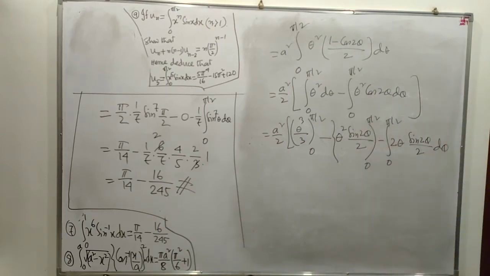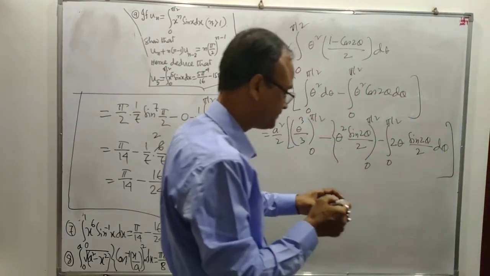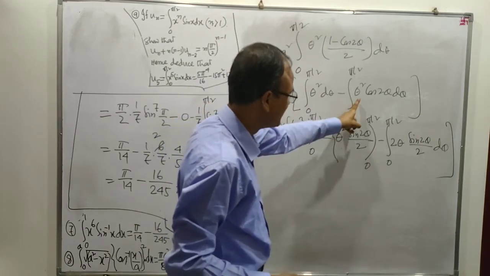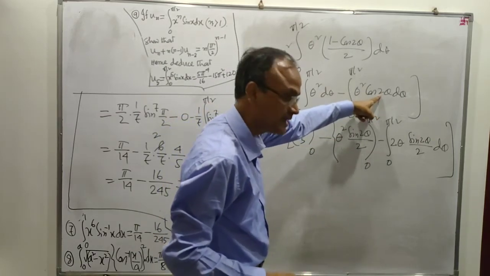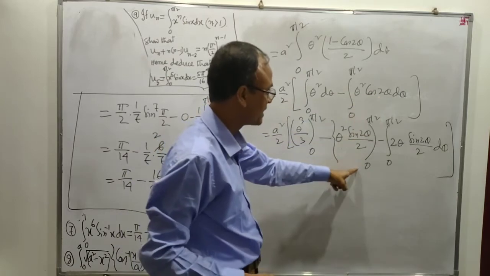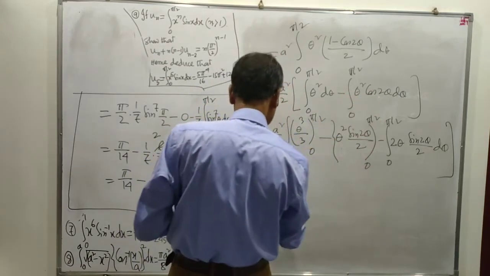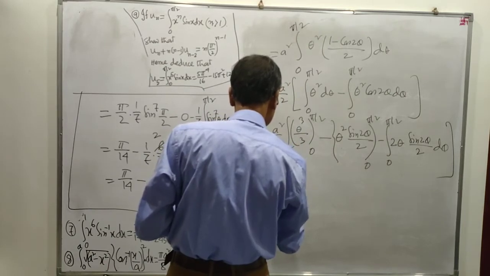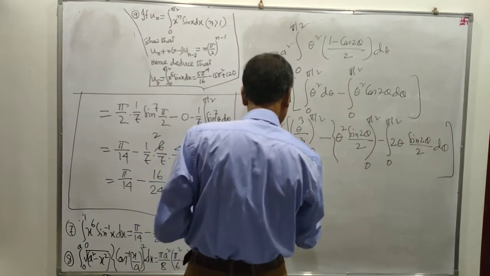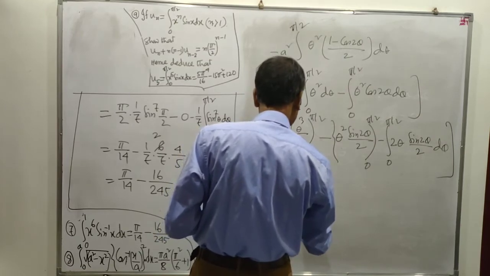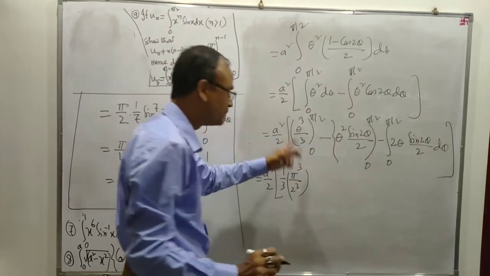You will get this, and you may put the bracket here. Theta cube by 3 minus theta square cos 2 theta, the integration of cos 2 theta is sin twice theta divided by 2, minus differentiation of this is this. This is equal to a square by 2, 1 by 3 into pi cube by 2 cube, minus 0.